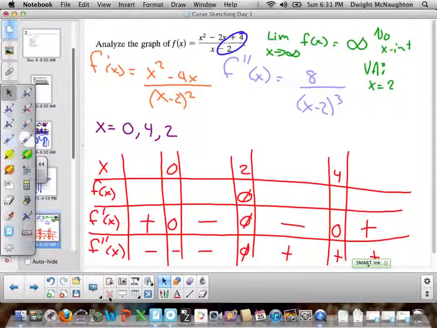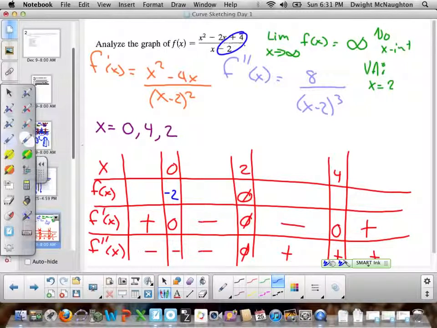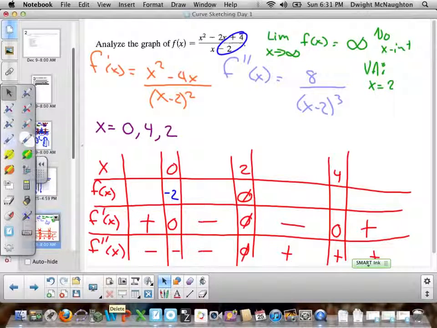But at x equals 0, our function becomes -2. At x equals 4, we get 4 squared minus 2 times 4 is 8, plus 4, 12 over 2 is 6. All right, and then the rest you can see on the chart.